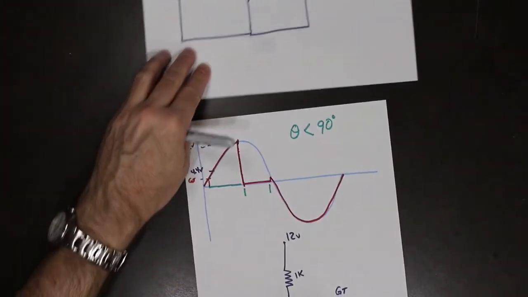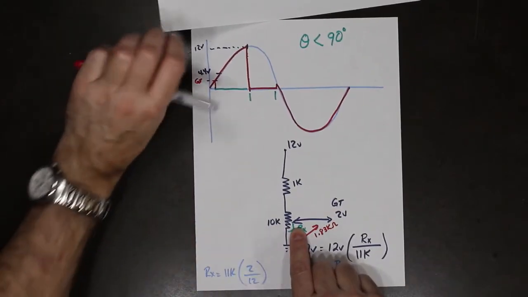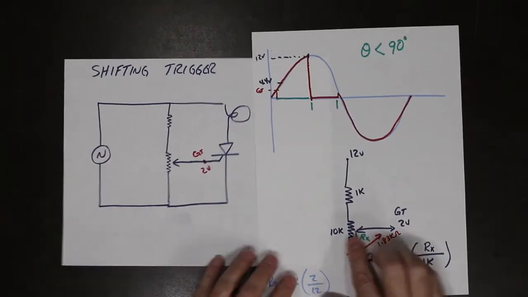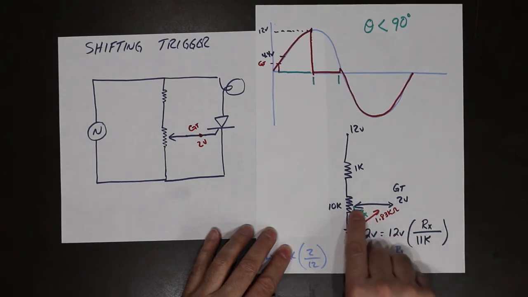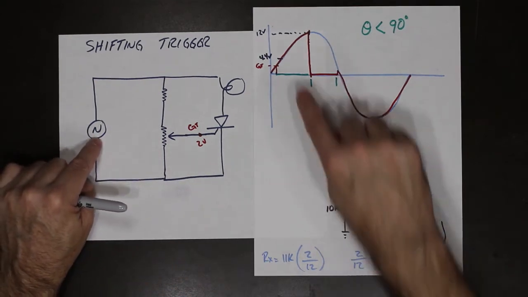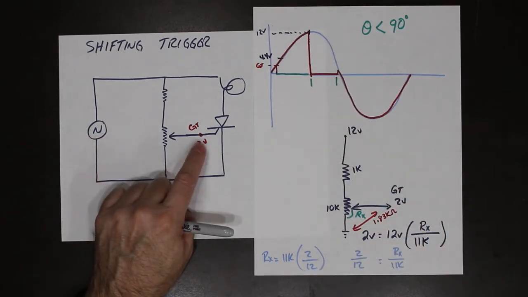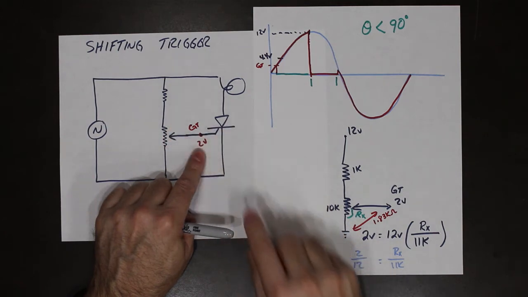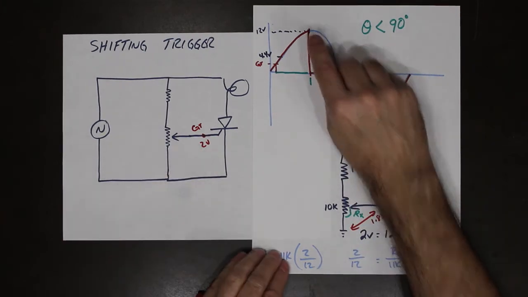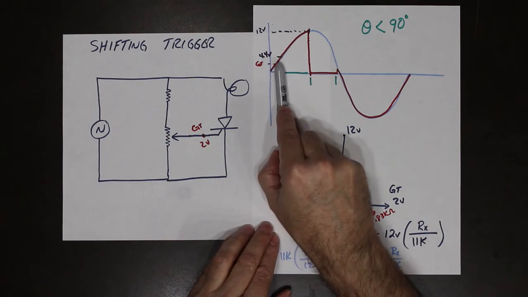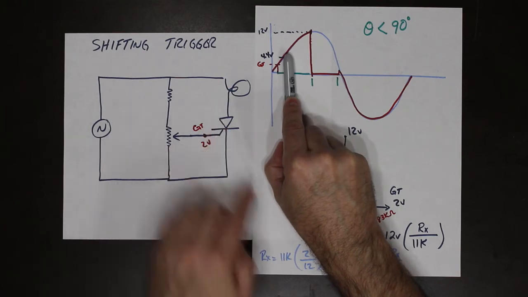So based upon a voltage divider, and the value at which Rx is, we can figure out where in the waveform we actually hit 2 volts on that gate. And then we can adjust the pot, which varies this part of the variable resistor, and we can actually adjust at which point along this waveform we actually achieve 2 volts at the gate to turn this on.